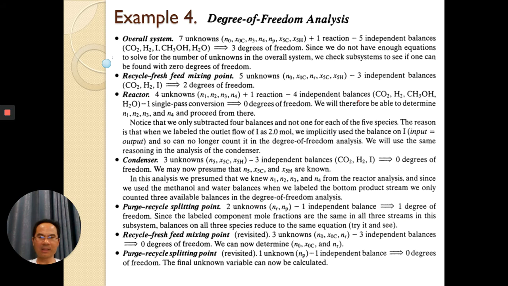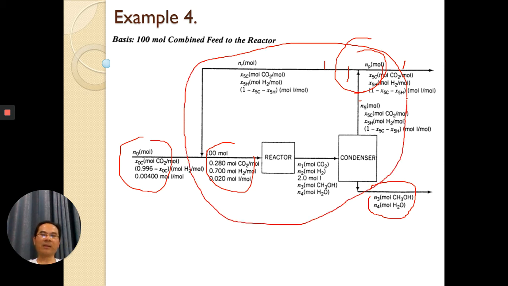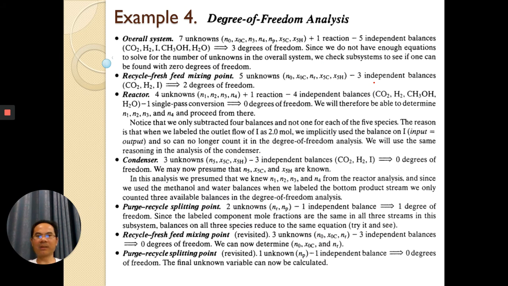Then you have to do the degree of freedom analysis. The first step, we consider the overall process. For the overall process, how many unknowns do you have? N0, X0C, N3, N4, NP, X5C, X5H: we have 7 unknowns.